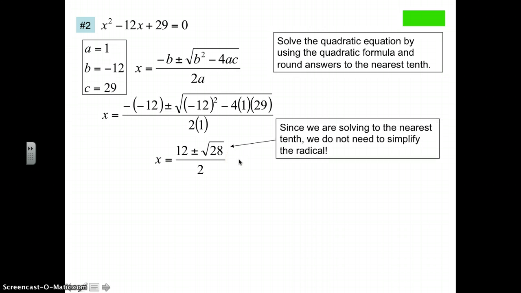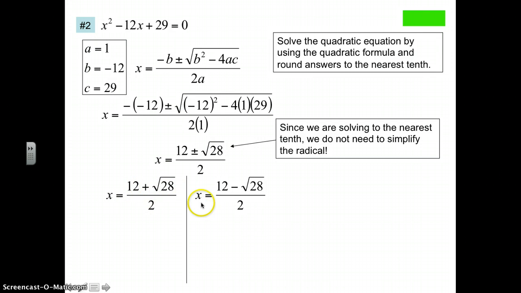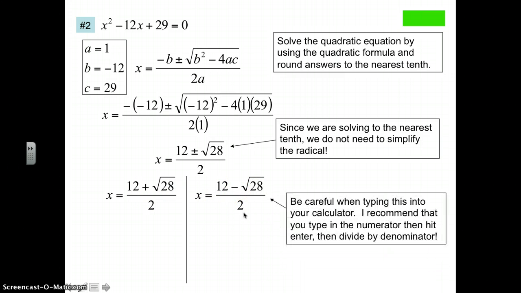Since we're solving to the nearest tenth, I don't care about simplifying this. I just need to break these up. So we have 12 plus the square root of 28 over 2, and we have 12 minus the square root of 28 over 2. Be careful when typing this into your calculator. I recommend that you type the numerator, then hit enter, then do the denominator.